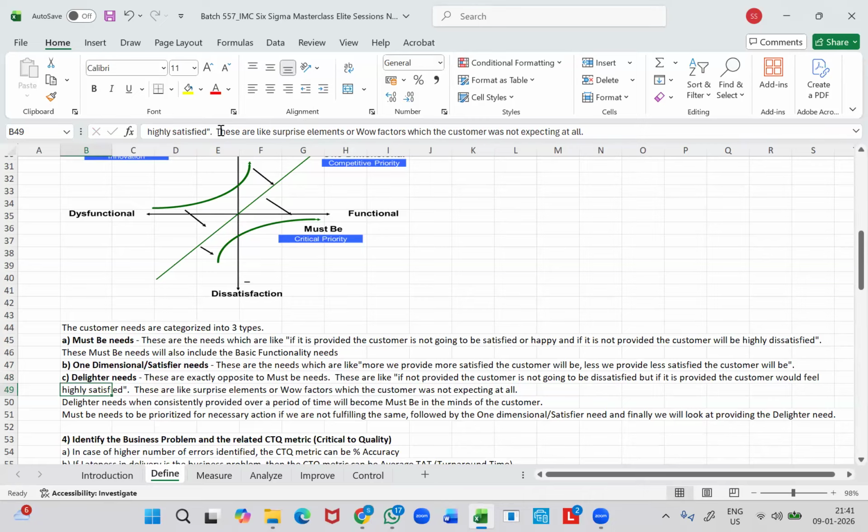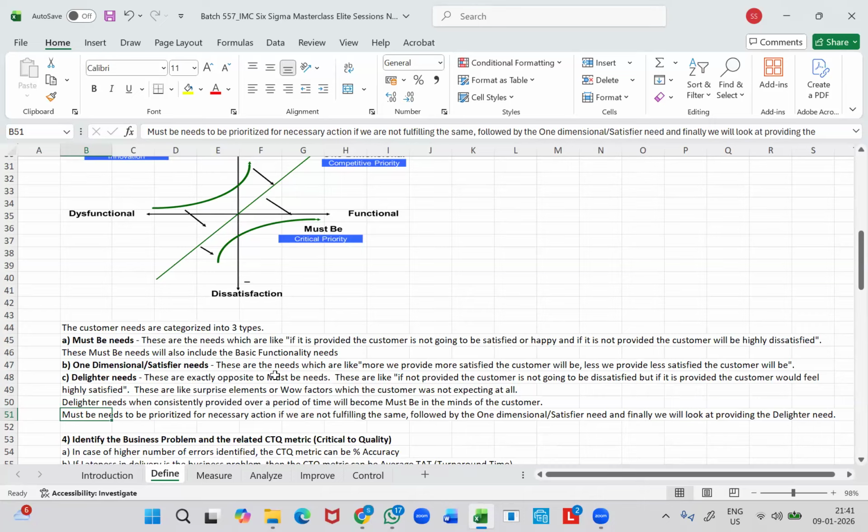And delighter needs, as I told you, when consistently provided over a period of time, will become must be in the minds of the customer. So obviously, you'll prioritize fulfilling the must be needs first, then move on to the one dimensional or satisfier need. And finally, we will look at providing the delighter need to our customers, right?